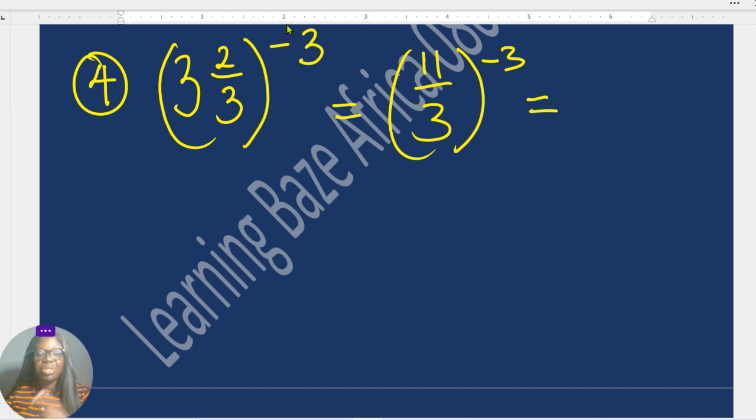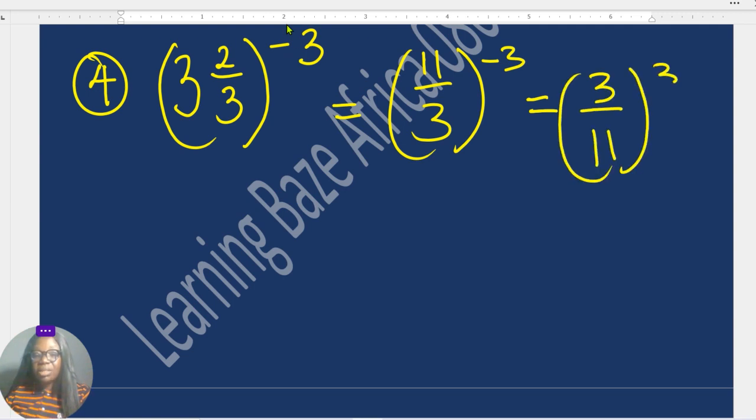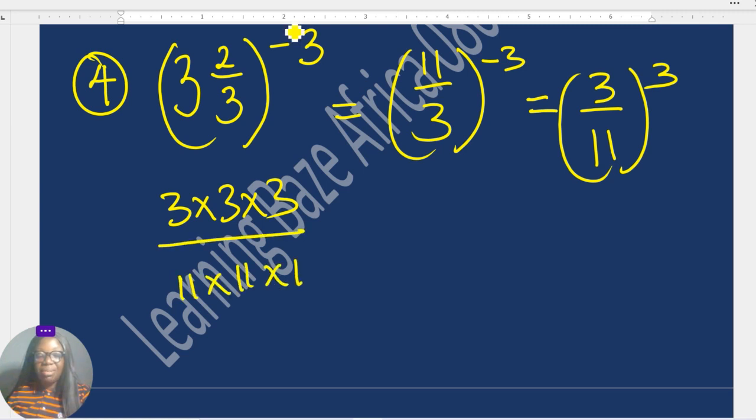Let's get rid of the negative sign by turning this number upside down. So that will be 3 over 11 all in brackets to power 3. The negative sign has been taken out. So that will be 3 times 3 times 3 over 11 times 11 times 11. 3 times 3 is 9, 9 times 3 is 27, over 11 times 11 is 121.